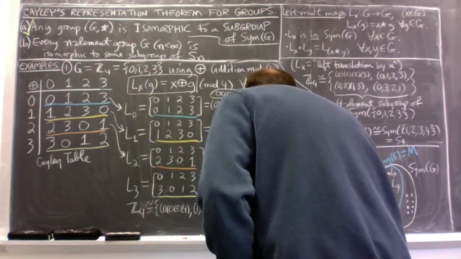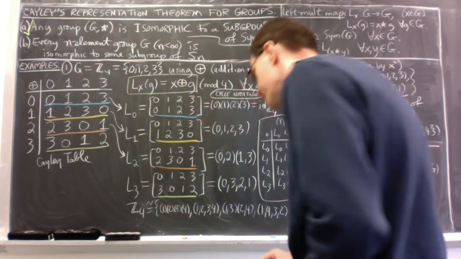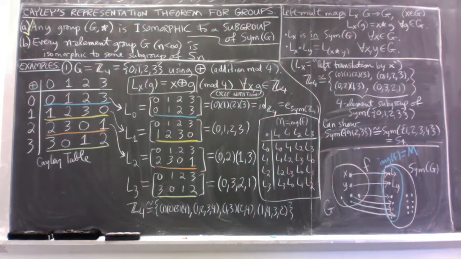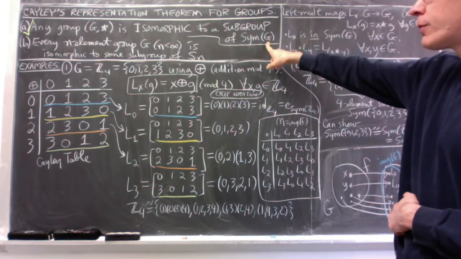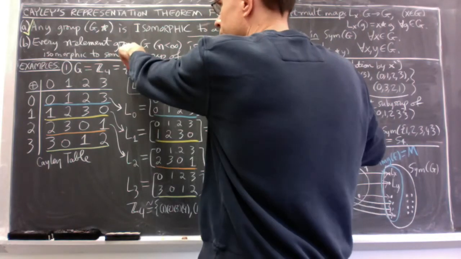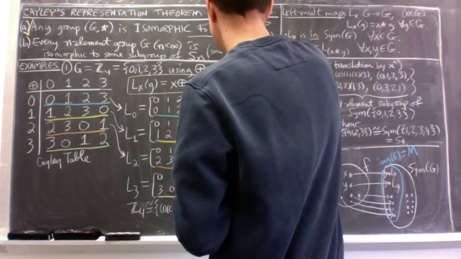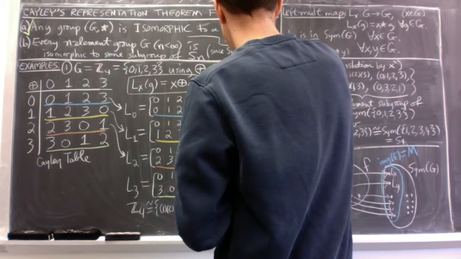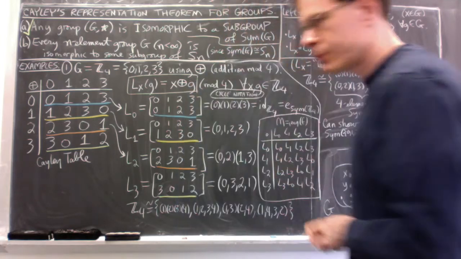And the claim that's slightly tricky to prove in general is, here the symbols were so similar, you just add 1 to everything. But no matter what the symbols in the set are, the claim is that if G is an n-element set, in this part B here, for any n-element set G, Sym of G ends up being isomorphic to Sn.